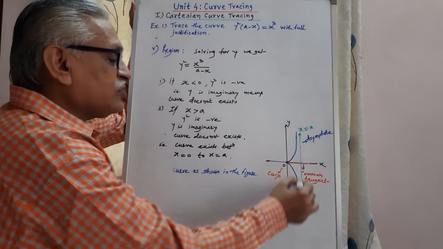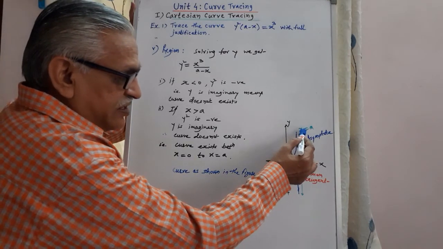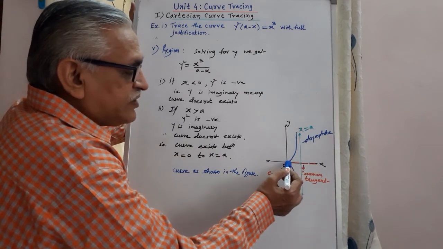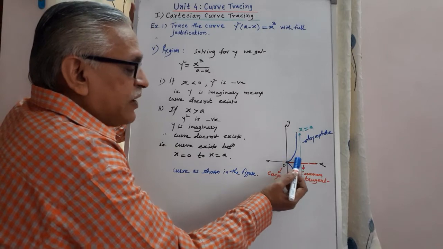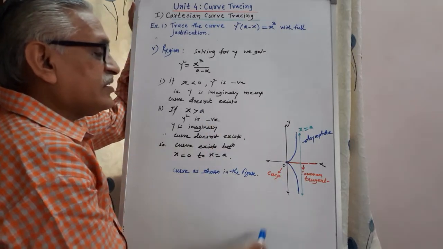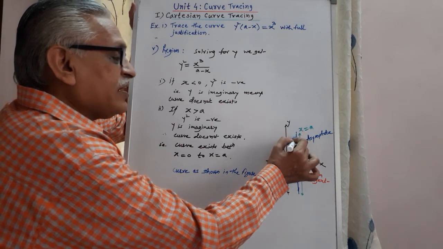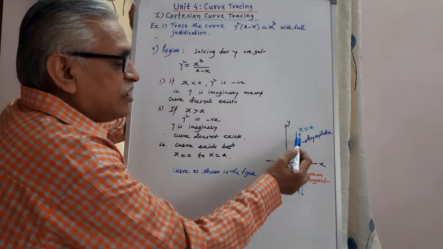Fourth, asymptote. Here we get asymptote parallel to y-axis, and that line is x is equals to a. Therefore, with some suitable distance, I have drawn this line which is parallel to y-axis. And as this is asymptote, we have to make a parallelness between the curve and that line. Therefore, I have drawn here a parallel part.